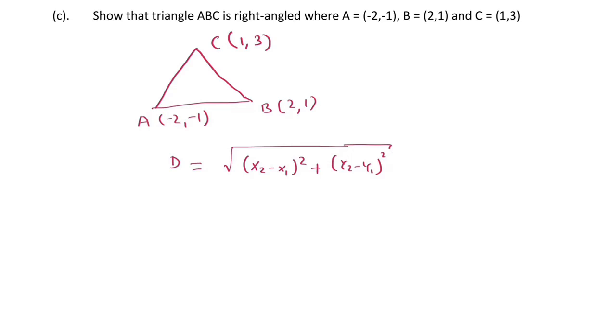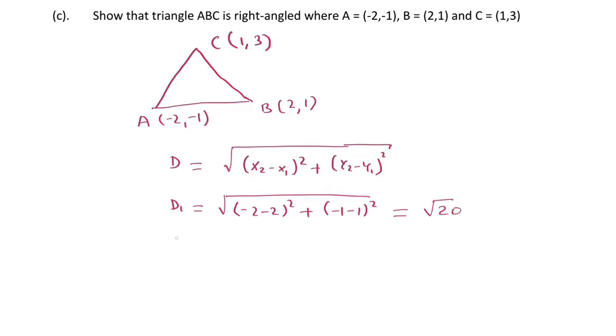First we are going to take point A and point B, and call this distance 1. Then distance 1 equals under root in brackets -2 minus 2 squared plus in brackets -1 minus 1 squared, of which after solving the values we have under root 20.